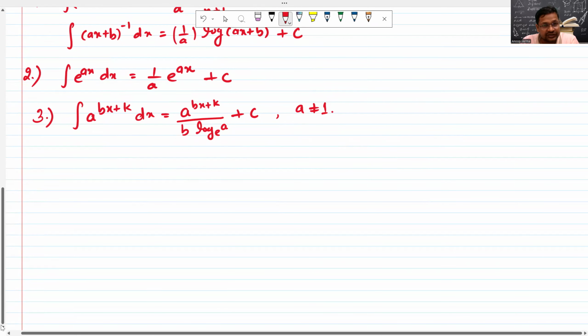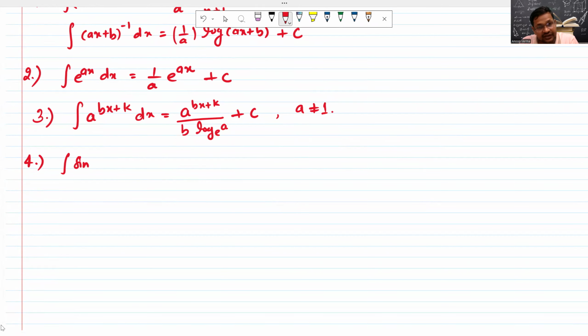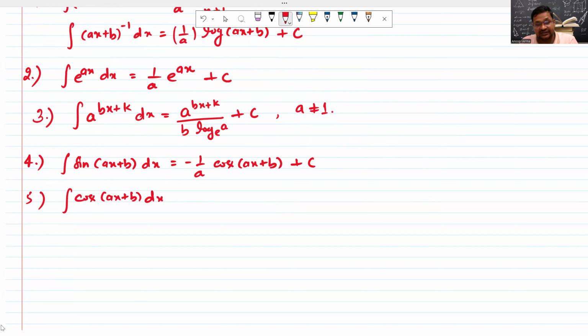Next, fourth formula is what? The integration of sine (ax plus b) dx will be equal to minus 1 upon a cos of (ax plus b) plus some constant c. And the fifth formula is cos of (ax plus b). We know that the derivative of cos x is minus sin x, so it means the integration of sin x is minus cos x.